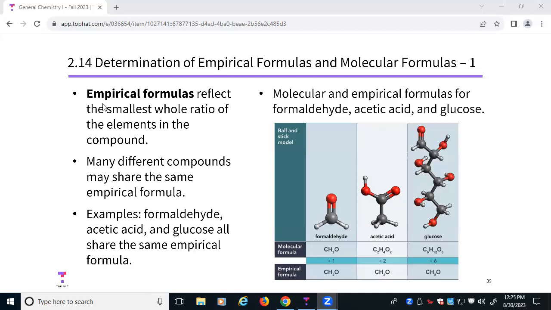But a common example of that is we've got 3 compounds here, each in increasing complexity. We've got formaldehyde, which is not only the empirical formula, but its molecular formula is exactly the same, CH2O on both accounts. We've got acetic acid, which has the same empirical formula, CH2O, but its molecular formula is actually double that.